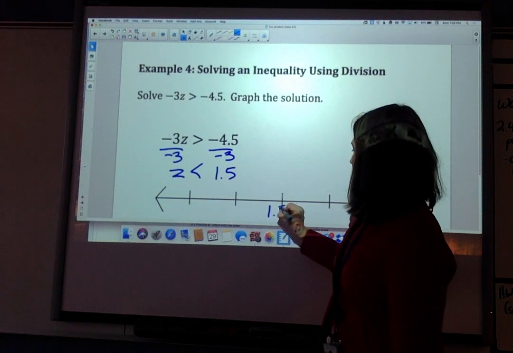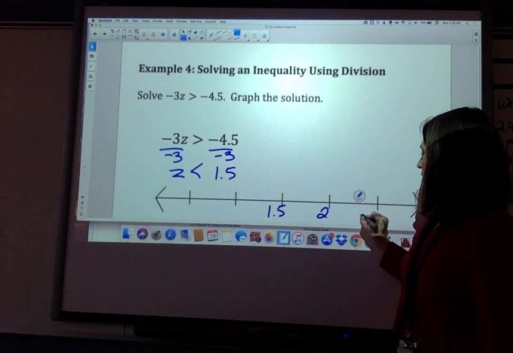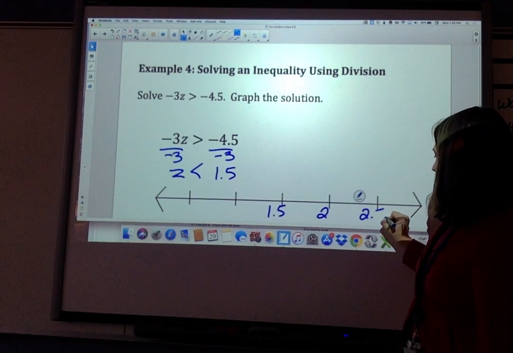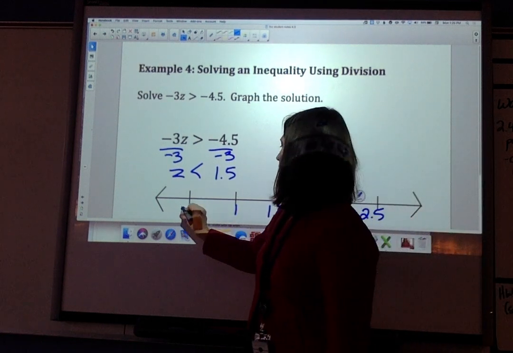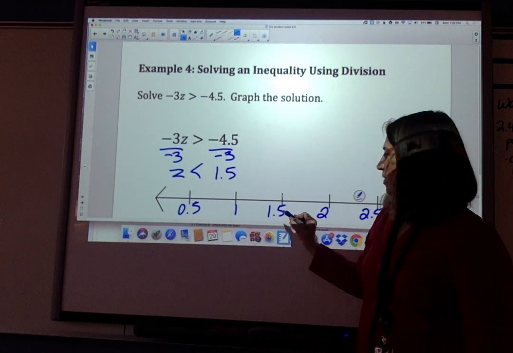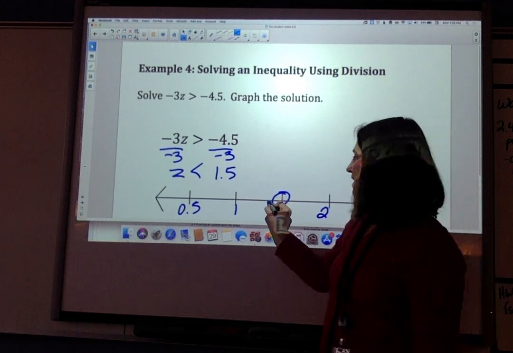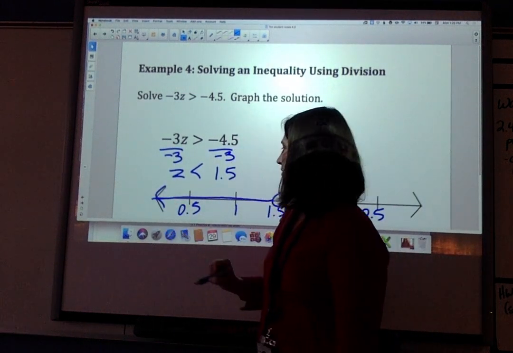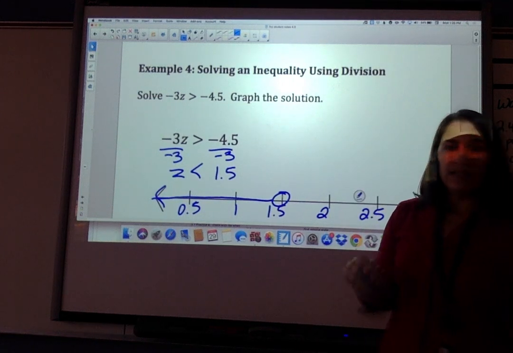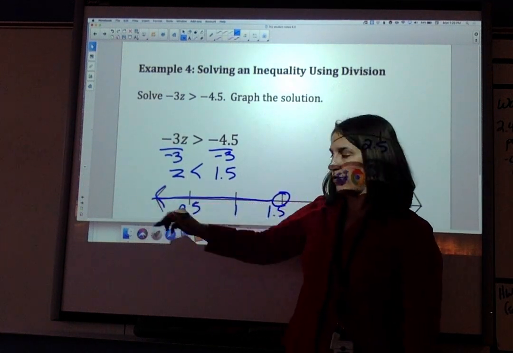So I want 1.5 somewhere on my number line. I'll just count by halves. 1.5 itself is not a solution, so it's an open circle, and z is anything less than that. So in this case, 0 will be a solution. It's way over here.